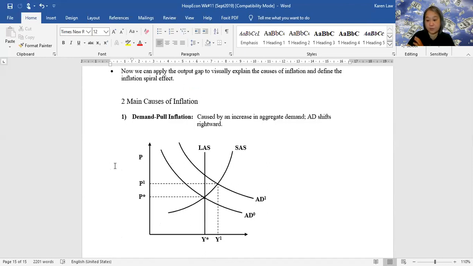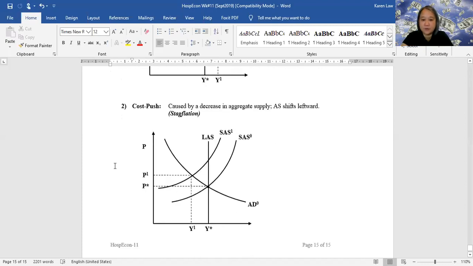There are two reasons that inflation exists. One is an increase in our demand curve when we are at full potential. The other is a decrease in our supply curve when we are at full potential. So let's just work this out.